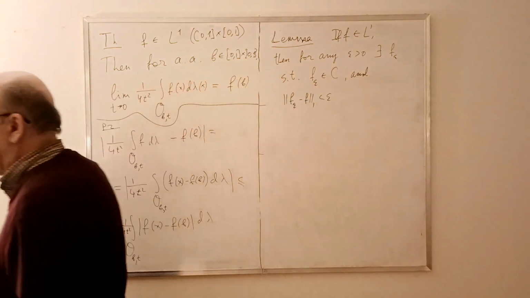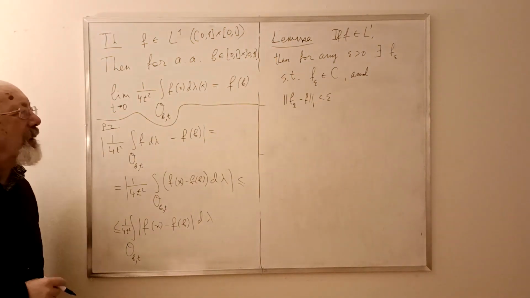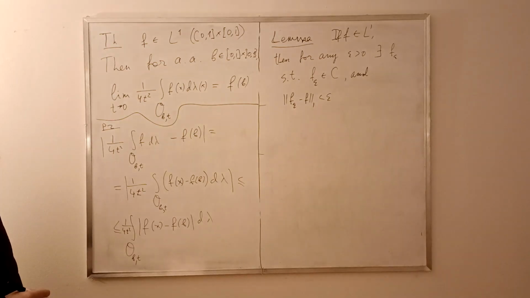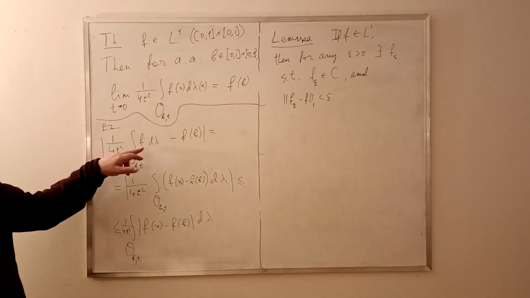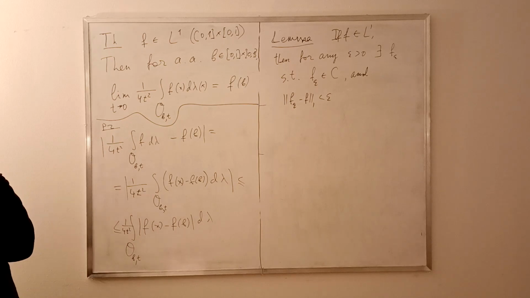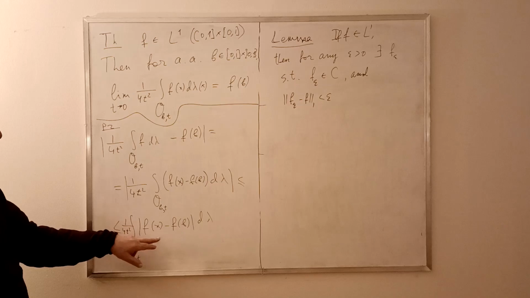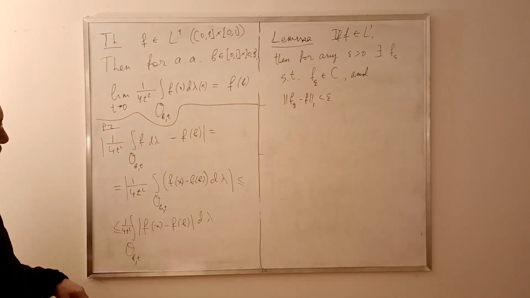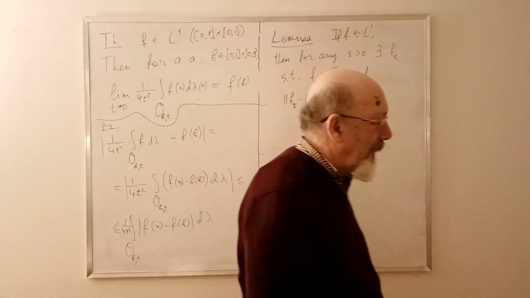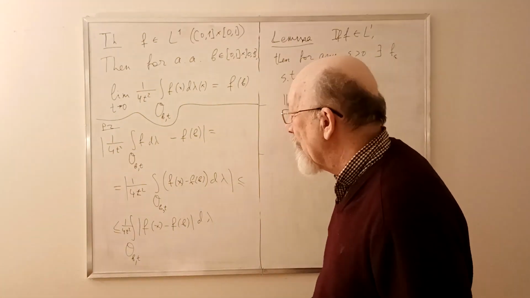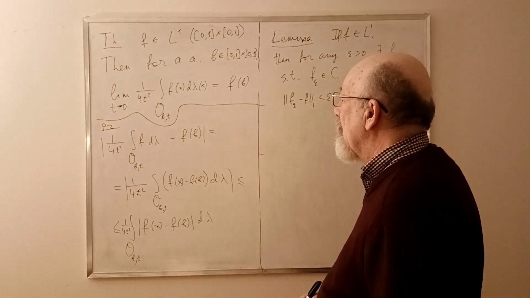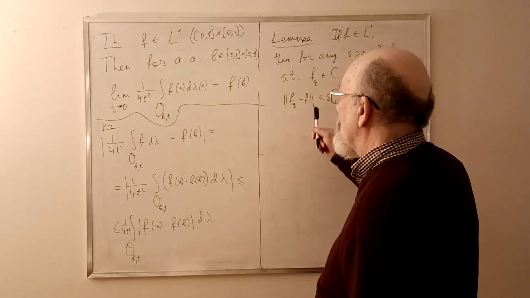So every function can be approximated by a continuous function in the L1 norm. That is one thing. Second thing, if F were continuous, then the limit of this integral, divided by the area, is of course 0. So we have only to consider the difference.